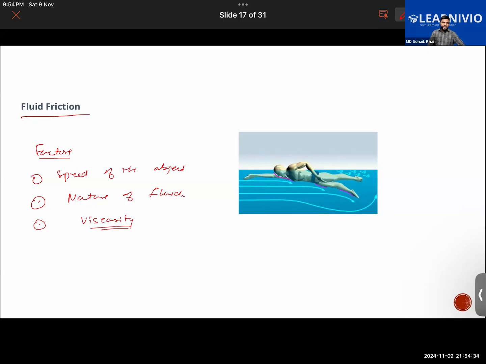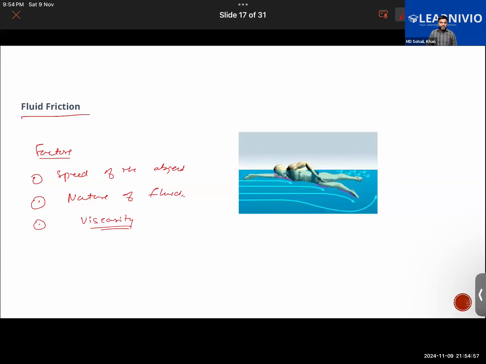It will be resisting a change in its position, a change in its shape, basically. So that is viscosity. If the viscosity is more, then the friction will be more.